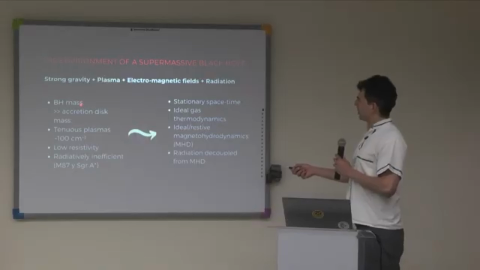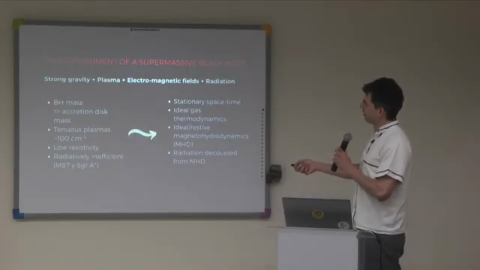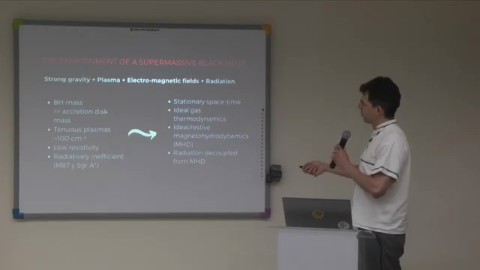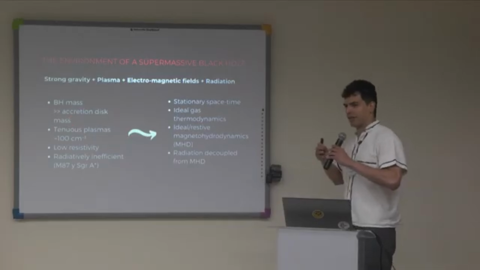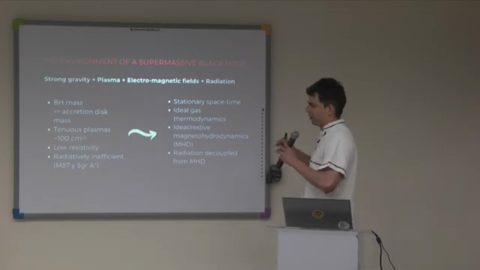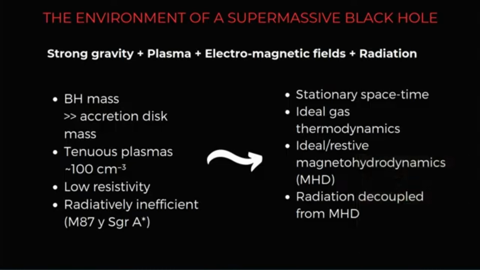For example, something that we know is that the black hole mass is much bigger compared to the mass of the accretion disk. We know this because, well, Sagittarius A star and M87 weigh millions of solar masses, or in the case of M87, even thousands of millions of solar masses. And the plasma that surrounds them is very tenuous. So here I wrote 100 particles per cubic centimeter.